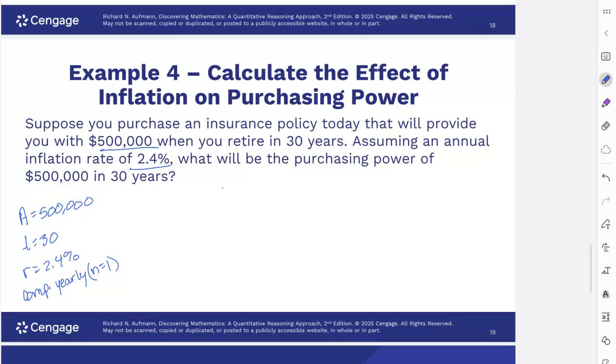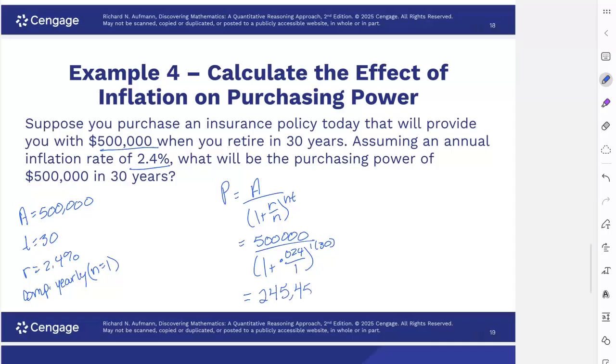So P equals A divided by 1 plus R over N to the NT. So we've got 500,000. Interest rate is 0.024. And we would simplify that exponent to 30. And if I type that in my calculator, it would be $245,454.67.